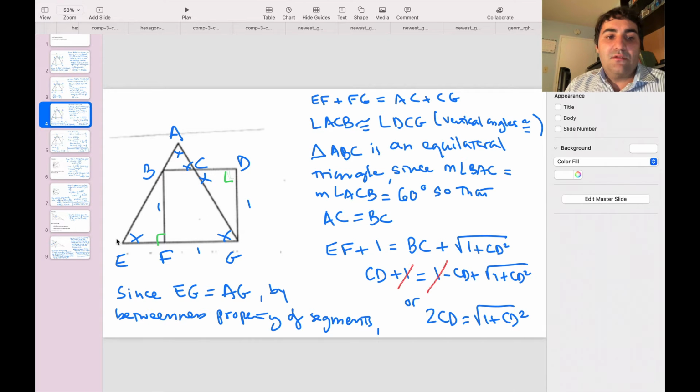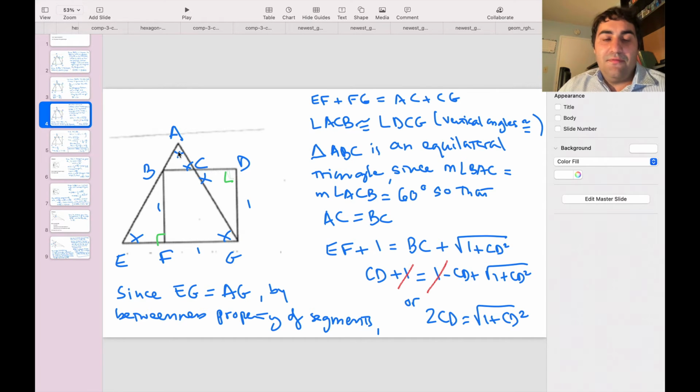And since triangle AEG is equilateral, angle G is going to be congruent to angle A. So in other words, triangle ABC has two congruent angles, and those angles measure 60 degrees, right? Because we know that the measure of angle G is 60, so the measure of this angle is 60, and then this is going to be 60 and 60.